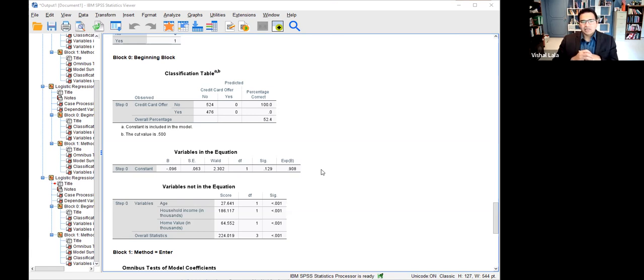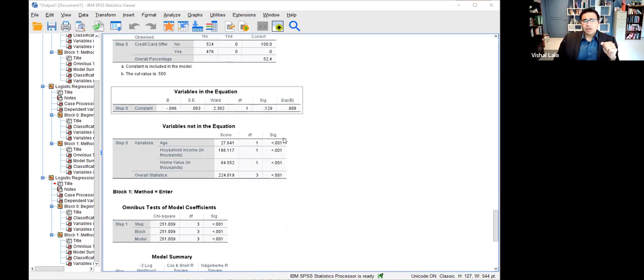In this case, since most people in our sample don't sign up for a credit card, if we had gone with the majority class prediction, our accuracy would have been 52.4%. That sets a baseline for what we want our accuracy to be in any other model. That's sort of like the lower bound.